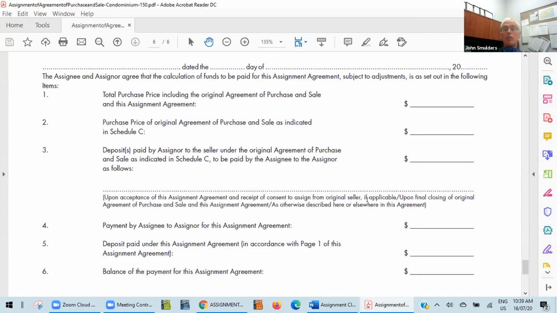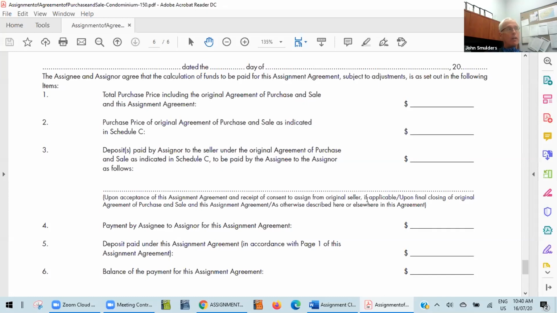Okay, that's choice number 1. That's the one that is used the most often. That means when we have consent from the builder, the assignee has to pay the builder's deposit to the assignor. Okay, that's what the assignors want.